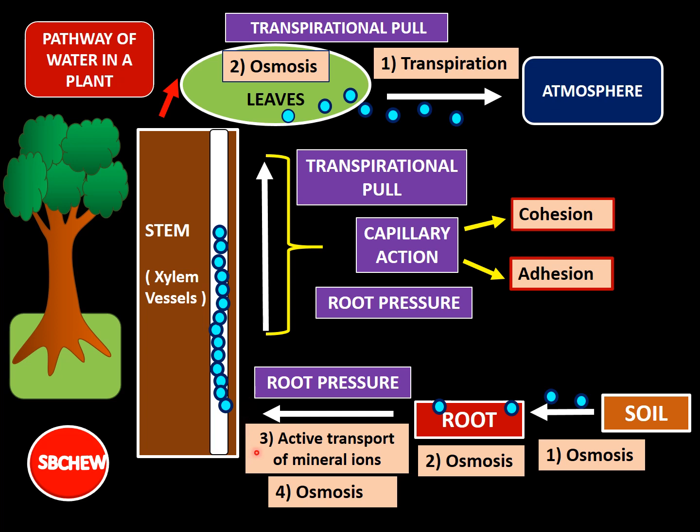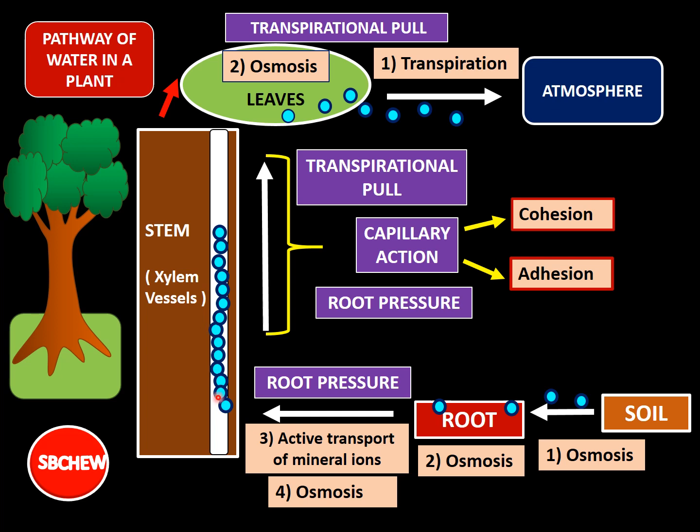That is by the process of active transport of mineral ions and osmosis. So root pressure is the force, but the processes that are responsible to produce this force are active transport of mineral ions and osmosis. These are the processes. Right. So root pressure causes the water to move into the xylem vessels.